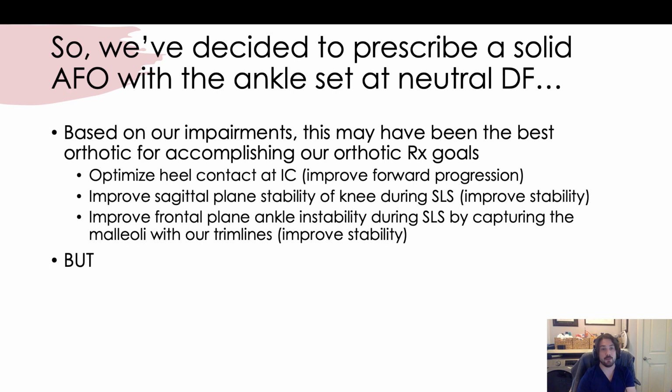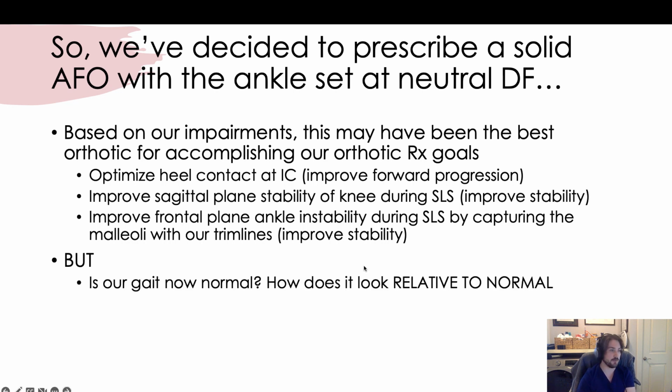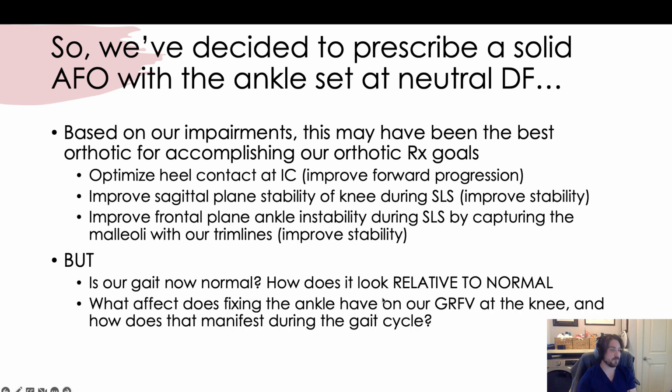But there can also be negative effects, because when we fix our ankle, obviously, that is not normal. That's not creating kinematically normal gait. And so we want to be seeing what is the effect of fixing that ankle, and now how does that look relative to normal gait.